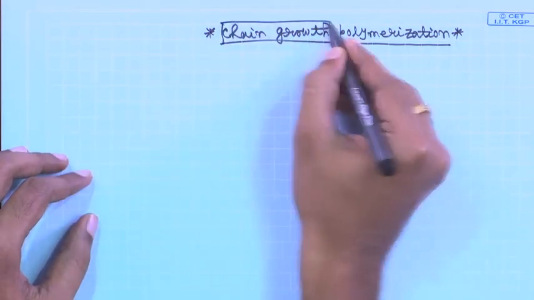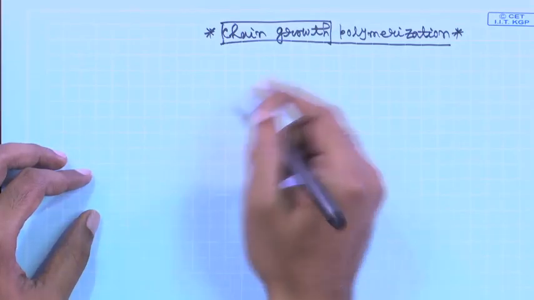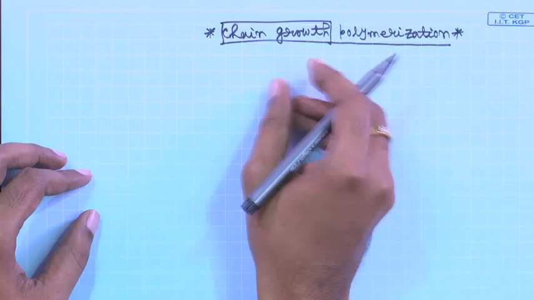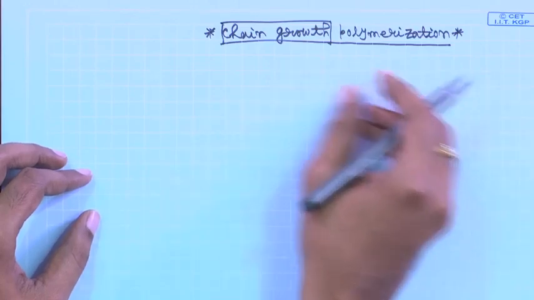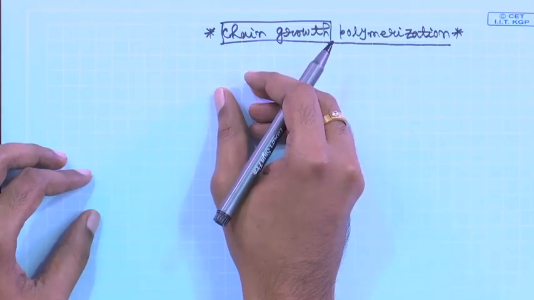Chain growth polymerization is different from step growth polymerization in that you have a reactive species at the end of a growing chain, and the monomer molecules add successively to the end of that growing chain in very fast reactions.